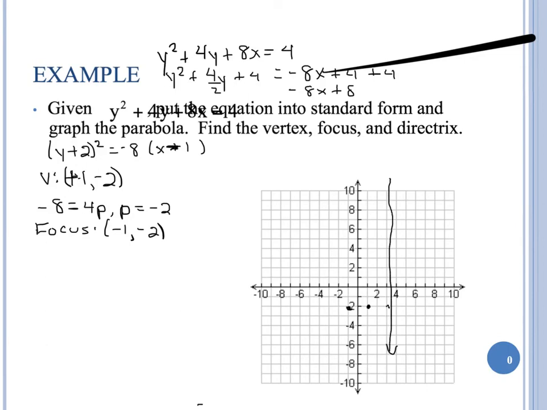You'll draw it better than I did. I think that's at 3. Okay, and then the length of the latus rectum I know is 8, so from my focus we're going to go 4 in either direction.